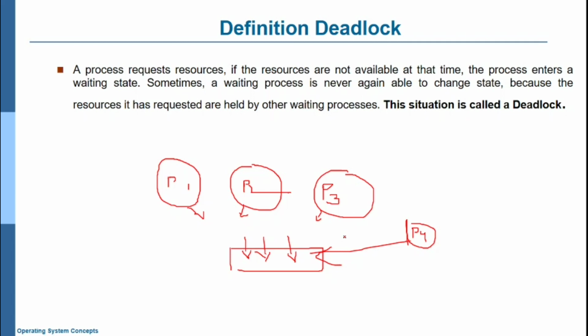Sometimes a waiting process, as you can see in this picture, all these three processes are waiting for resources which are held by the other process. A waiting process is never again able to change state because the resources it has requested are held by other waiting processes. Why? Maybe P1 requested an input output file, P2 requested memory, and P3 requested some other resource like CPU cycle time.